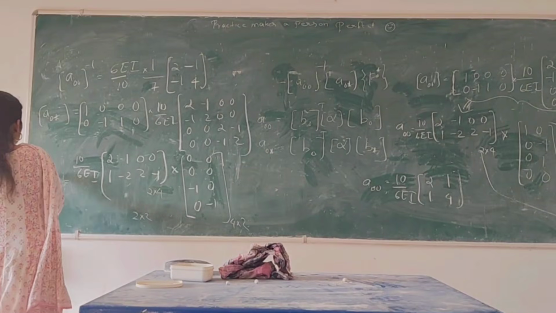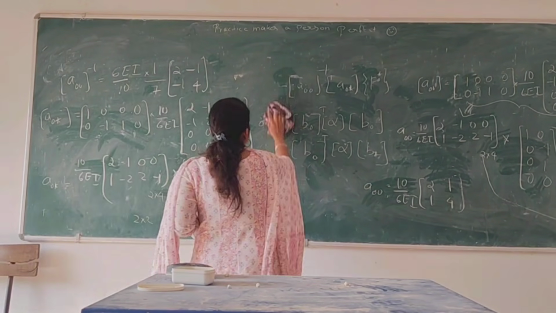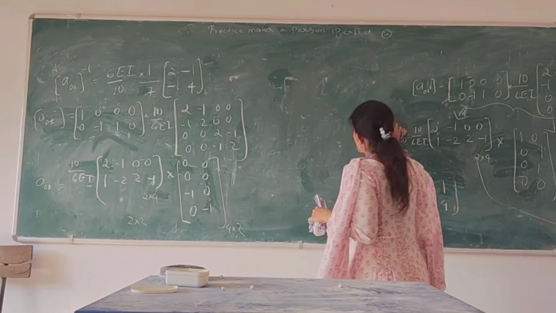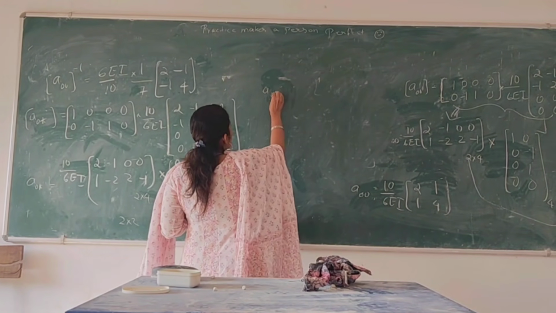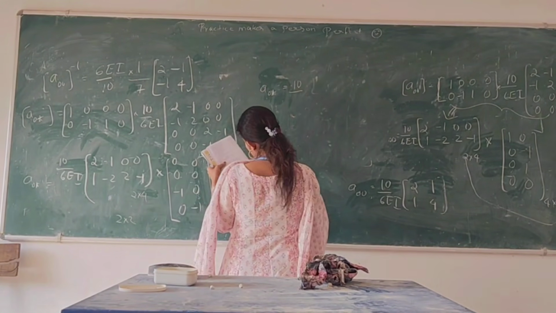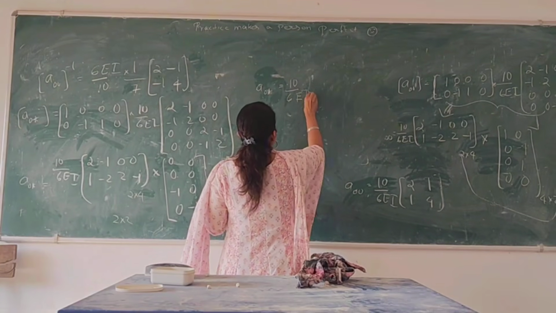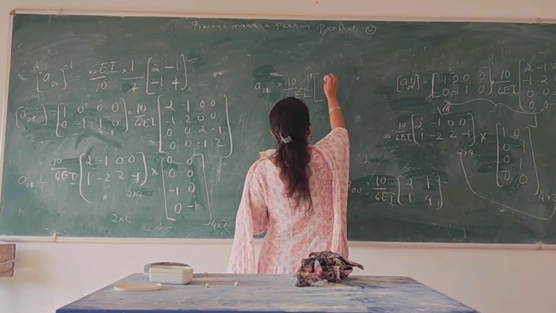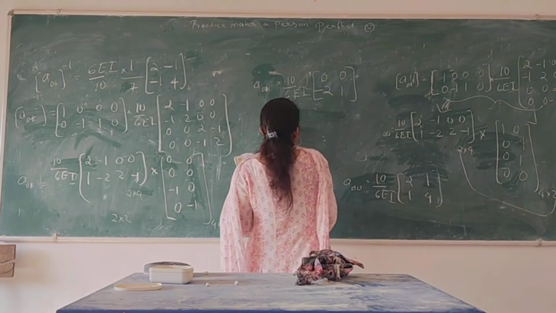Okay, I'm going to directly give you the answer for this. A naught star, please check your answers. A naught star is going to be 10 by 6ci into 0 0 minus 2 and 1. So this is your A naught star.